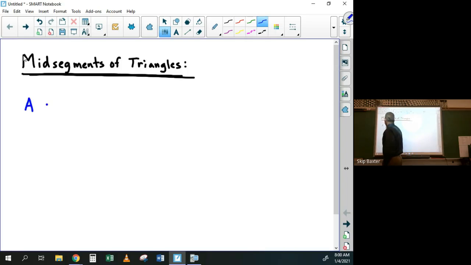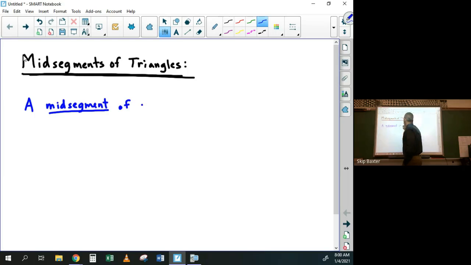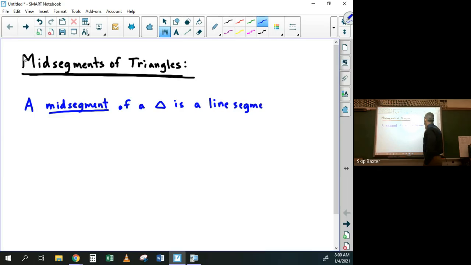A mid-segment of a triangle is a line segment connecting midpoints of two sides. Line segment connecting the midpoints of two sides.